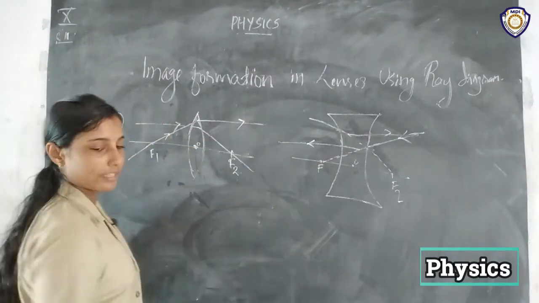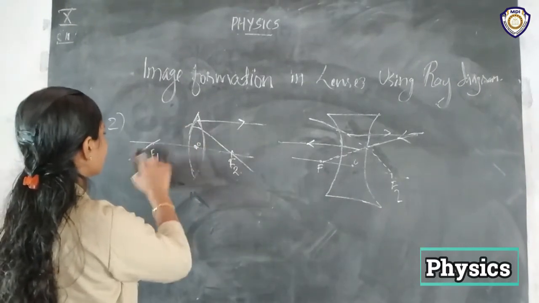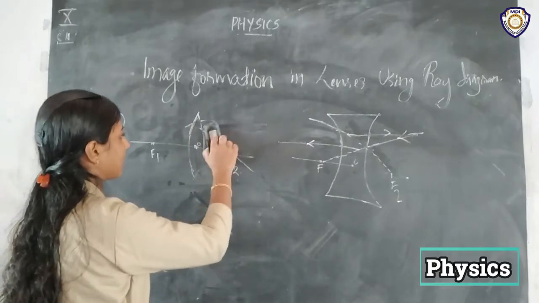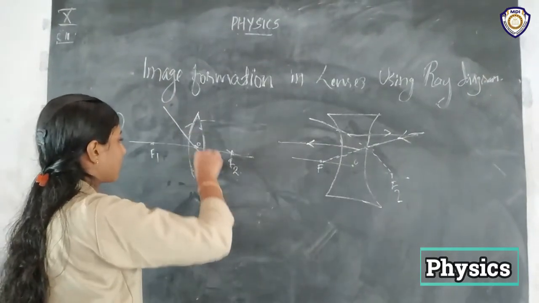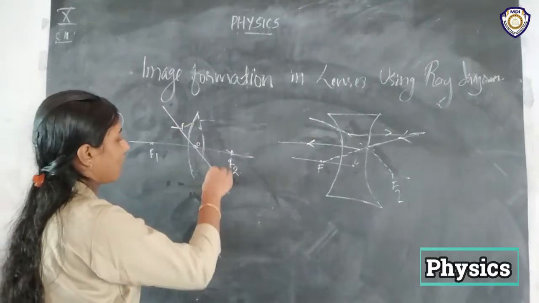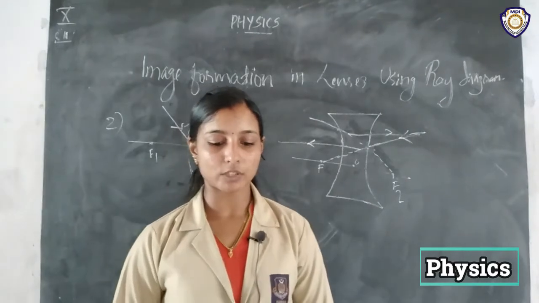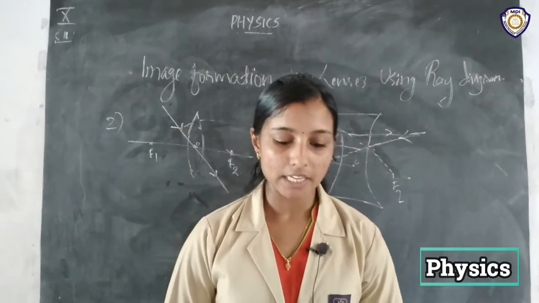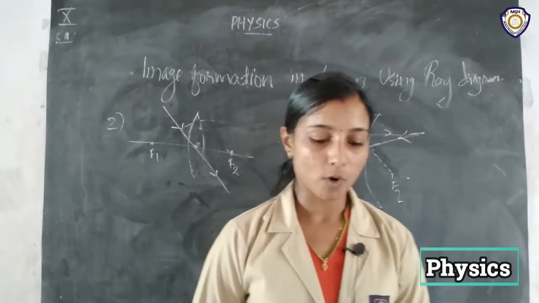So a light ray passing through the optical center, after refraction it will go like that, without any change. That means a ray of light passing through the optical center of the lens will emerge without any deviation. This is also given in figure 10.15.